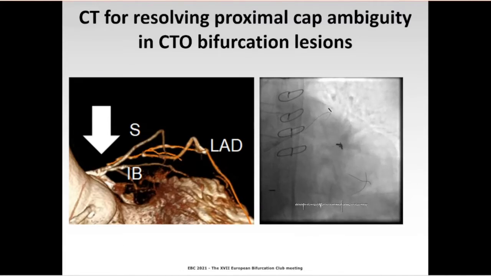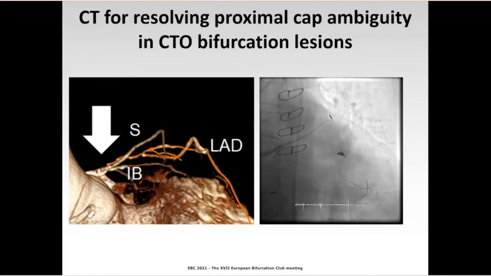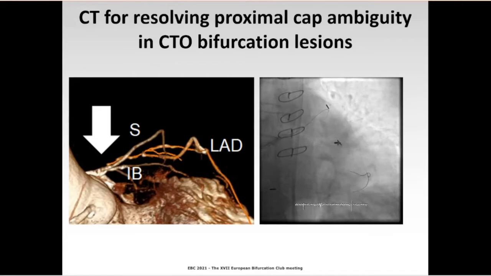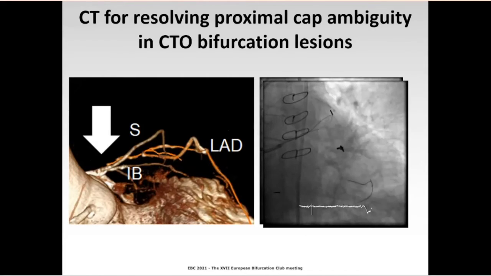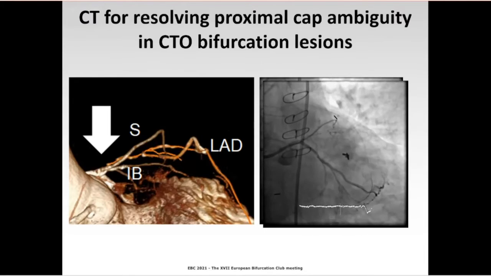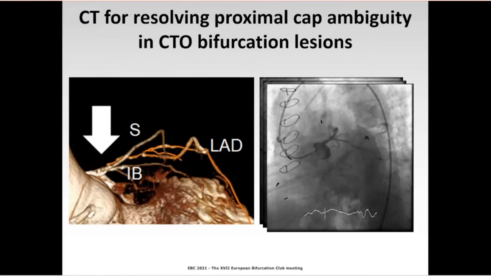Remarkably, the guide wire kept going to the septal branch or the subintimal space of the intermediate branch, which was actually easily detected with CT co-registration and ultimately put into the right course of the LAD, resulting in a good final result.